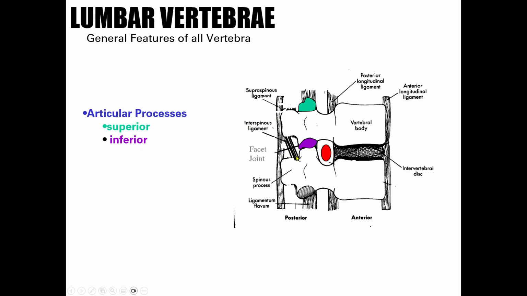The red dot on here shows the intervertebral foramen. The intervertebral foramen is actually not an anatomical structure. It only appears when you have two vertebra stacked on top of each other.